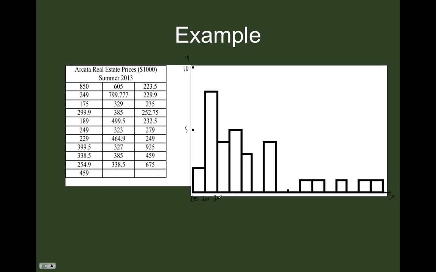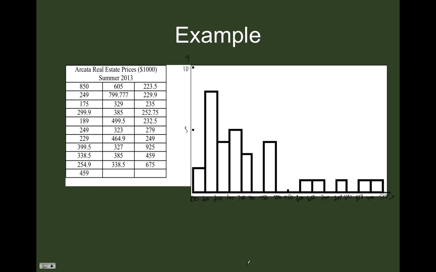This would be 250,000, 300,000, 350, 400, 450, 500, 550, 600, 650, 700, 750, 800, 850, 900, and we ended on 950. All right, so there's my scale on both the x and the y-axis.